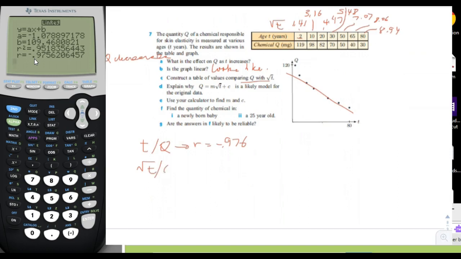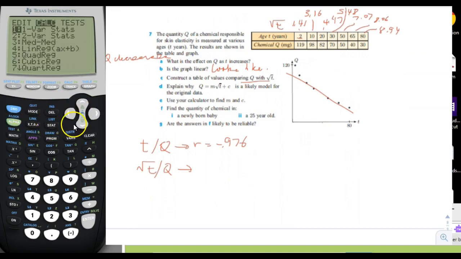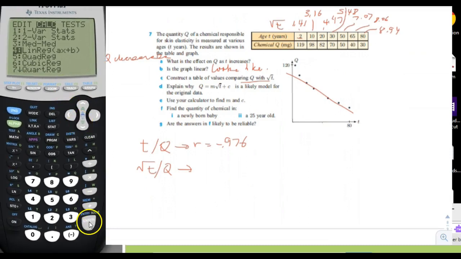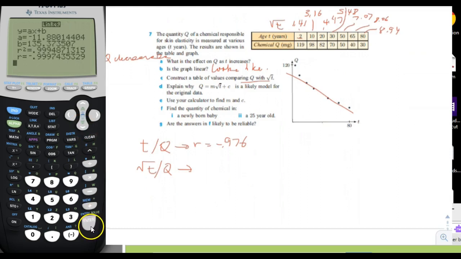Now let's compare that with square root of T and Q. The way we would do that is go to stat calc lin reg, and instead of L2, L3, we're going to do L1, L3. Then we check what we get for R now. Wow, look at that. Now we have an even better R. R equals negative 0.9997.